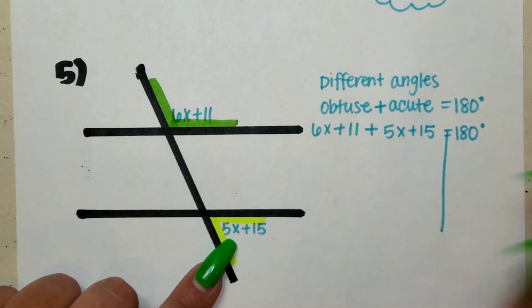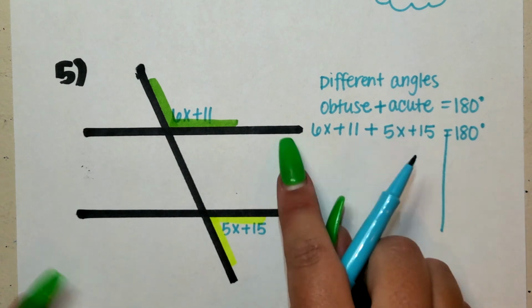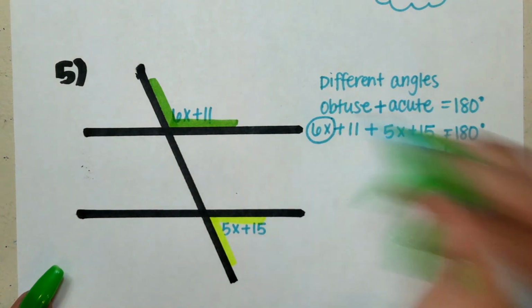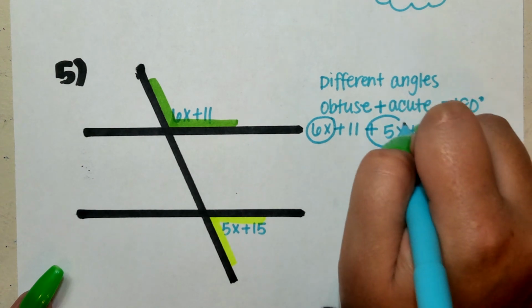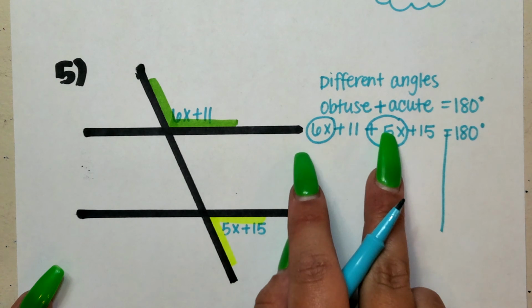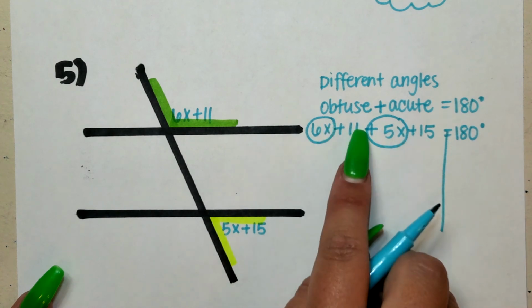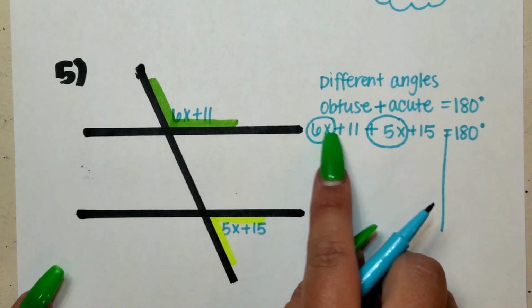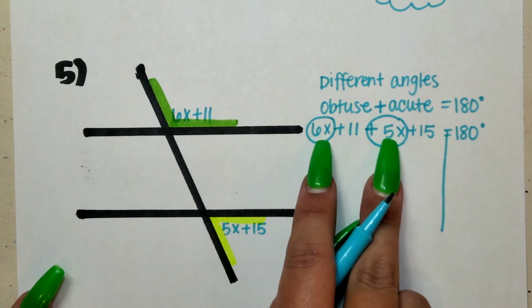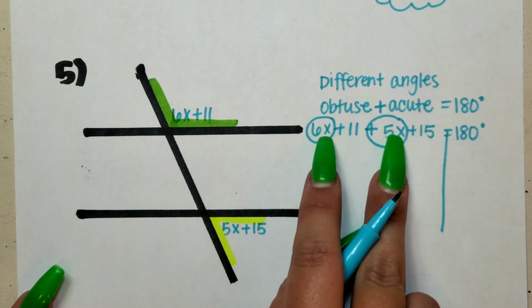And then I solve. I need to combine like terms on my left side. So I have 6x and 5x. Remember, you can't combine things that don't have a variable. So I can't combine 6x and 11 because 6x has a variable and 11 does not. I can combine the 6 and the 5 because they both have an x.